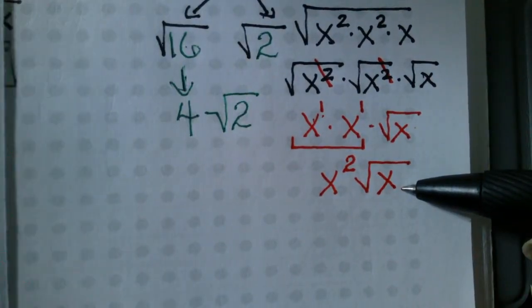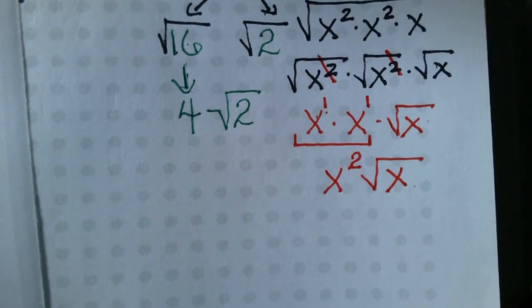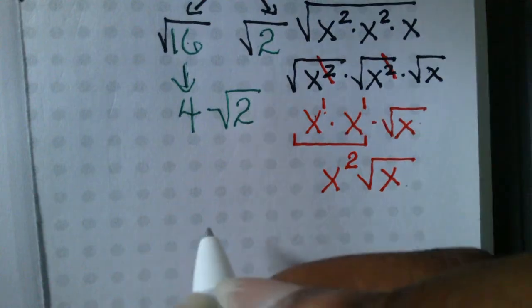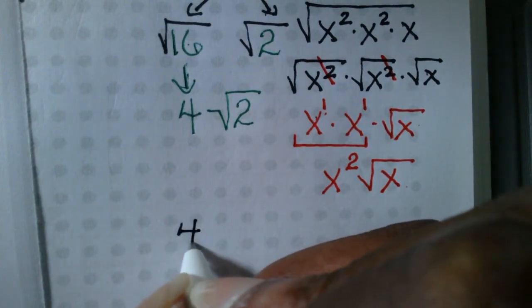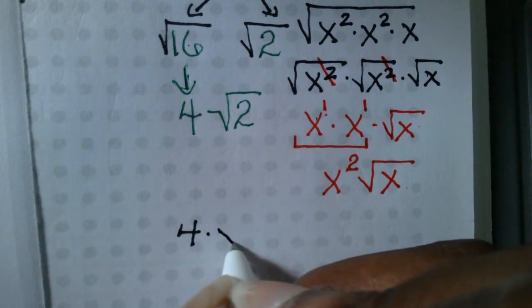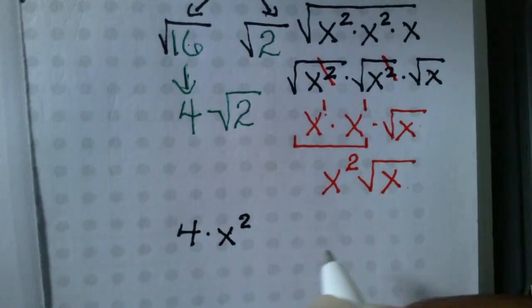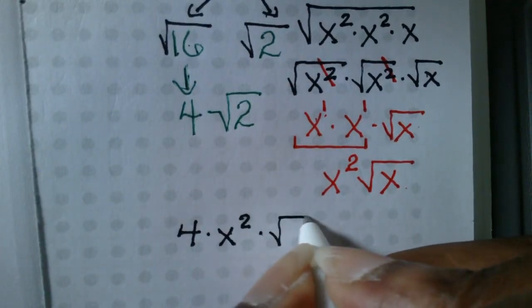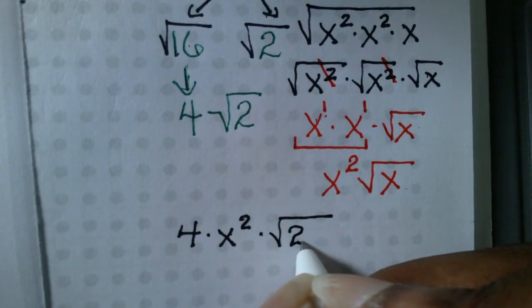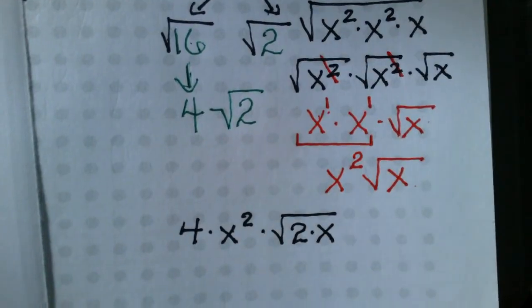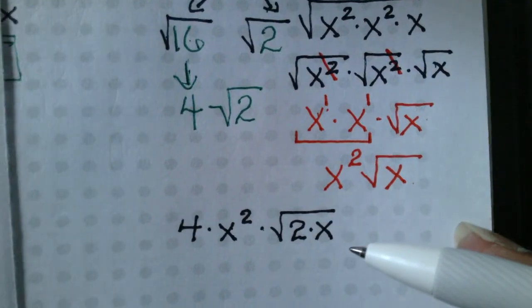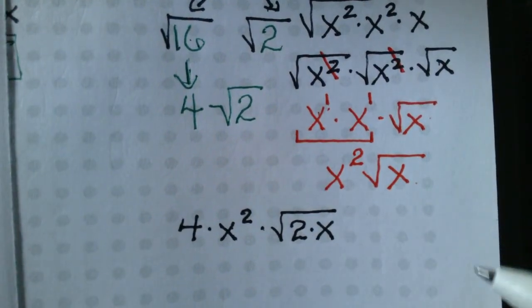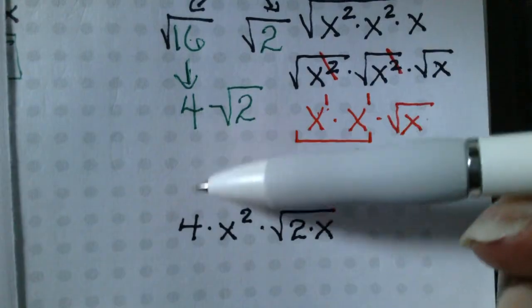So now let's clean it all up. So what we have here is everything that's not underneath the square root, we're going to gather together. And everything that is under a square root, we're going to combine together. Okay? This is just an extra step so you can see where everything's coming from. The 4 came from here.